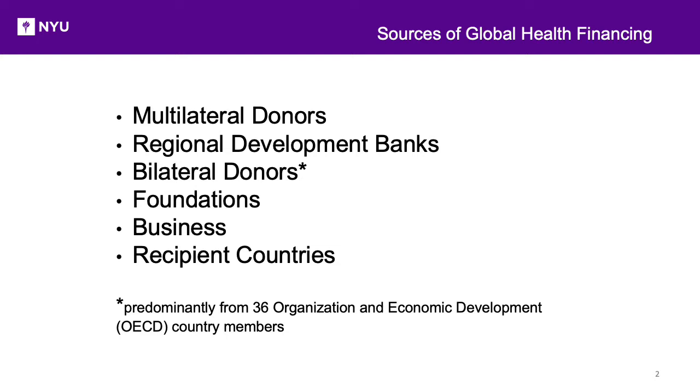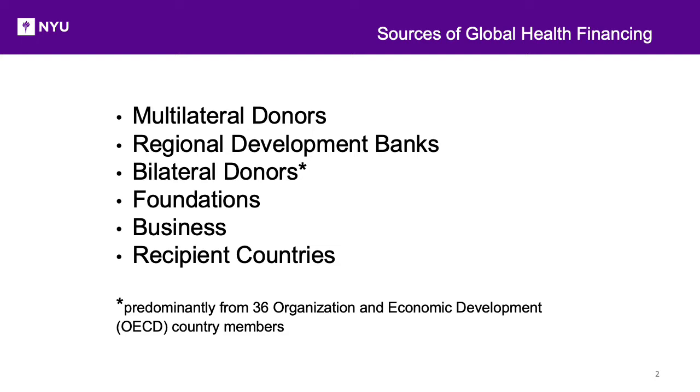Here you see there are significant institutions, for example, multilateral donors, regional development banks, bilateral donors, which consist of predominantly the 36 organizations and economic development or OECD country members, foundations, businesses, and recipient countries, which all are part of the global health financing scheme.